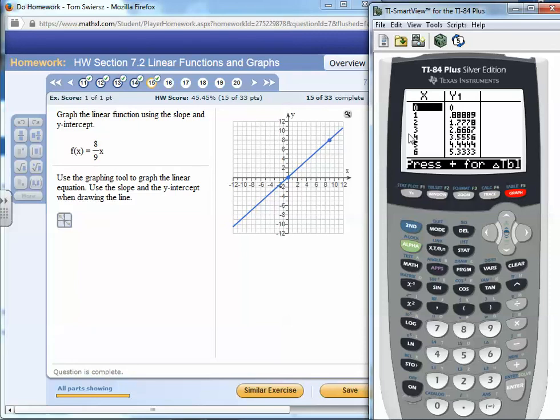And there's the one value, 0, 0, and then just scroll down until you get two whole numbers, because you can't plot a decimal. So there it is, 9, 8. There's our second point, over 9, up 8, or we went up 8 over 9 using the slope, which is 8/9.